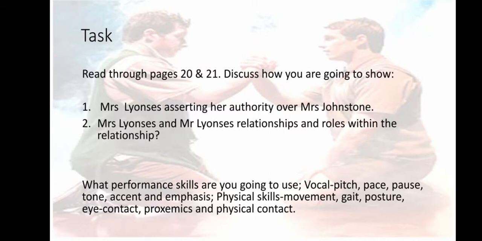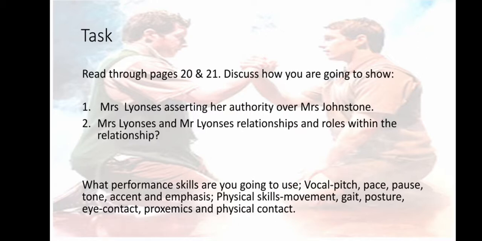What performance skills are you going to use? Vocal: pitch, pace, pause, tone, accent and emphasis, as well as physical skills: movement, gait, posture, eye contact, proxemics and physical contact to perform these characters in this scene.